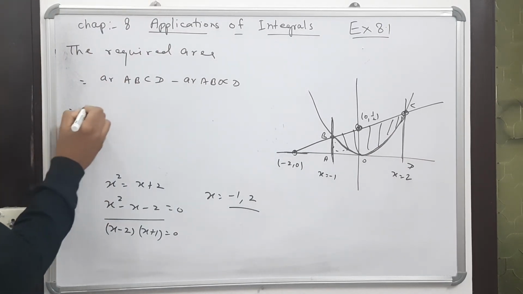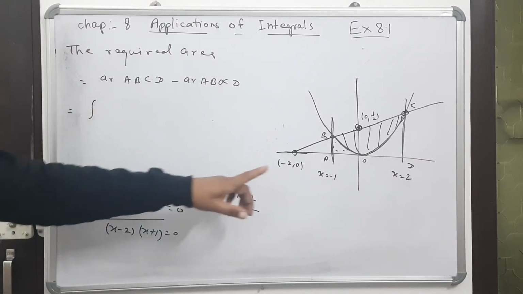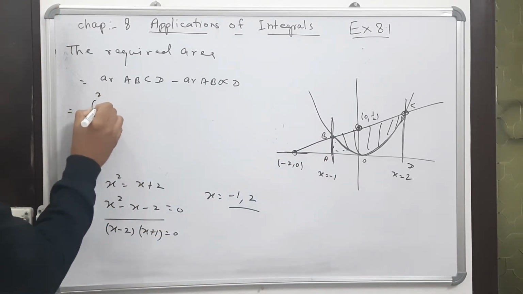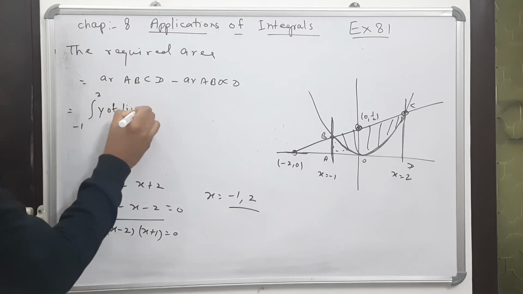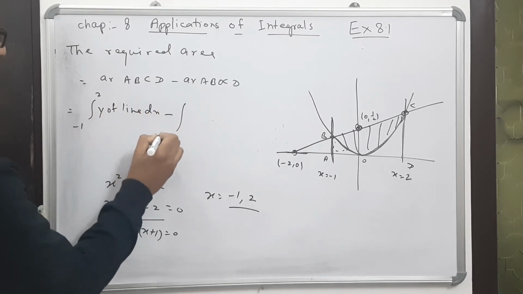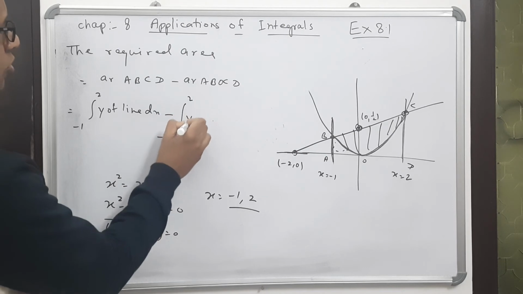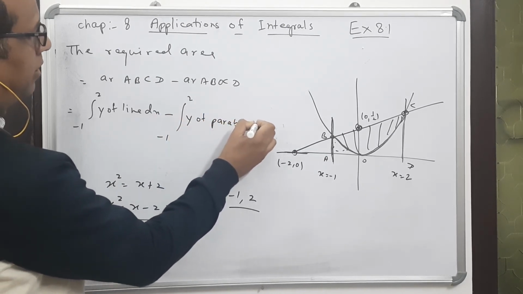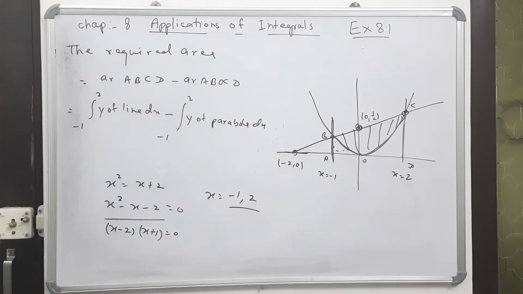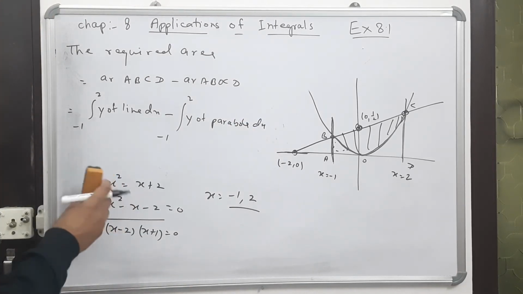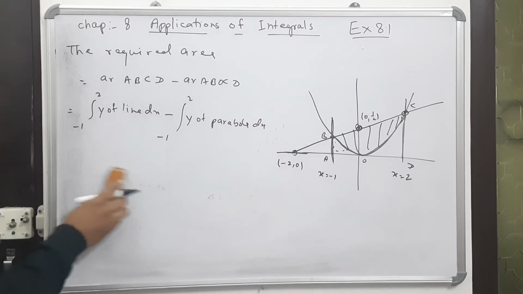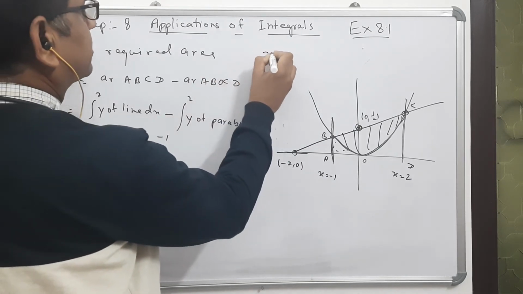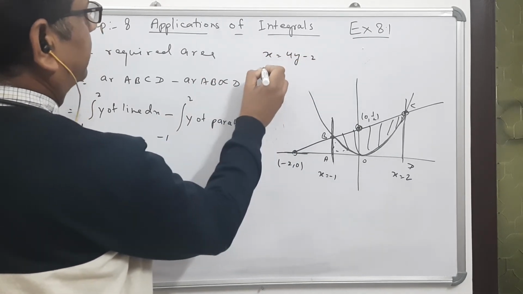Now you see, this first area will be integral minus 1 to 2 y of line dx minus integral minus 1 to 2 y of parabola dx. Yes? Now, according to the equation of the line, you know the line is x equals 4y minus 2.